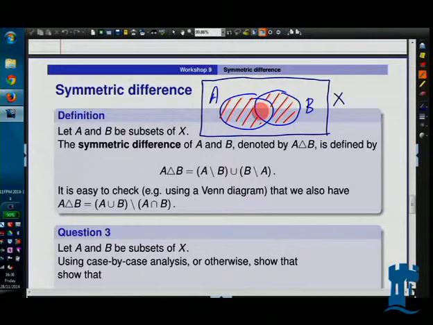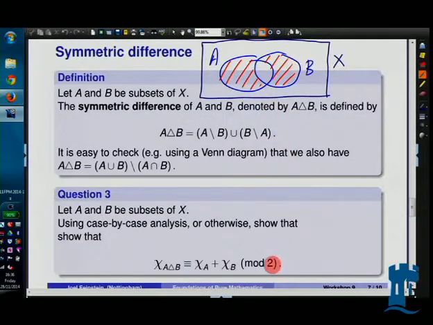That's 4 different cases for your elements of X, which cover all the different possibilities. If you're trying to check whether 2 functions are the same, or congruent modulo 2, it's enough to check those 4 cases separately. So it says here, using case-by-case analysis or otherwise, show that the characteristic function of the symmetric difference is congruent to what you get by adding the 2 characteristic functions mod 2.